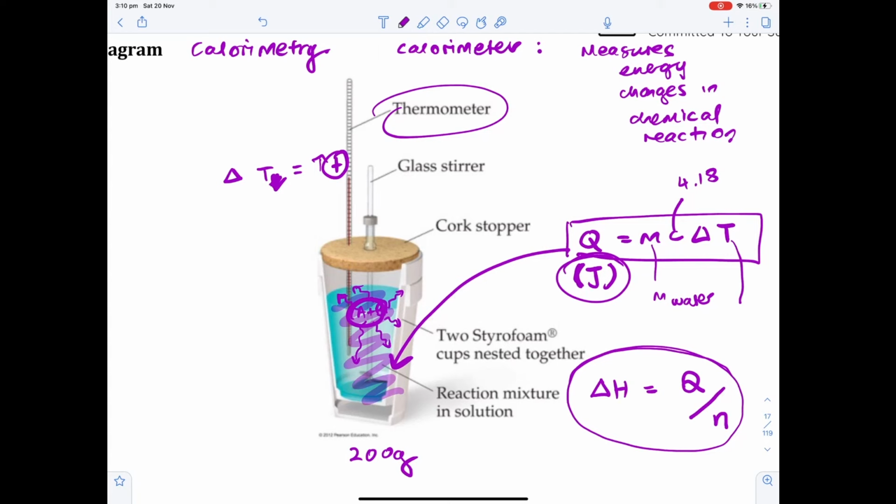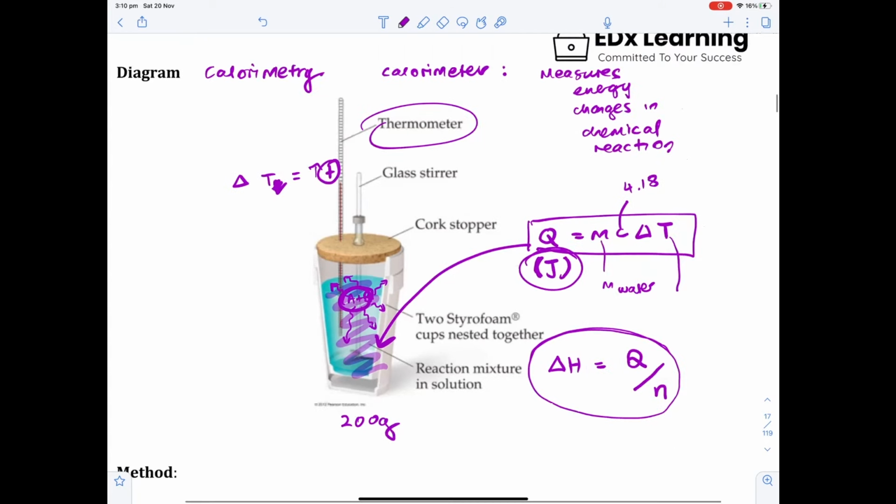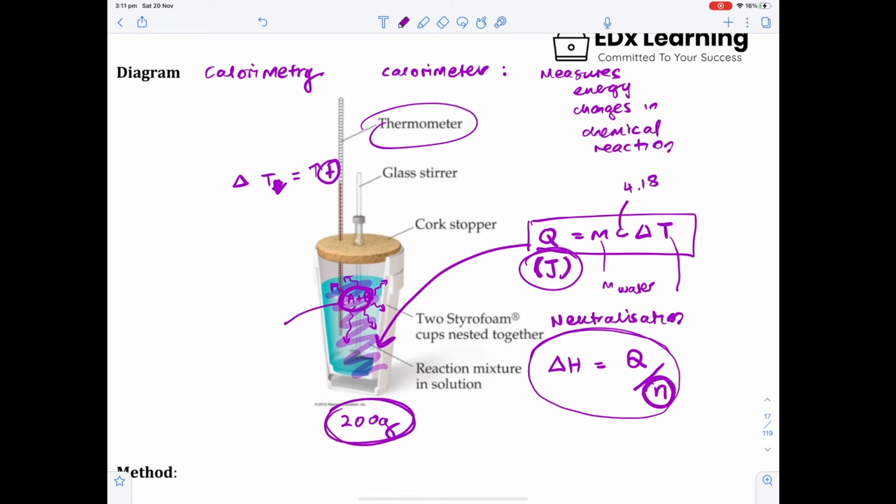Now, pay attention. In neutralization, what did we say this N value was? Per mole of? So only for neutralization, it's per mole of water. Now tell me this. If this is 200 grams of water in this vessel, and from the neutralization, because you know how in neutralization H plus reacts with OH to form water, let's say from this reaction I make 0.001 grams of water.